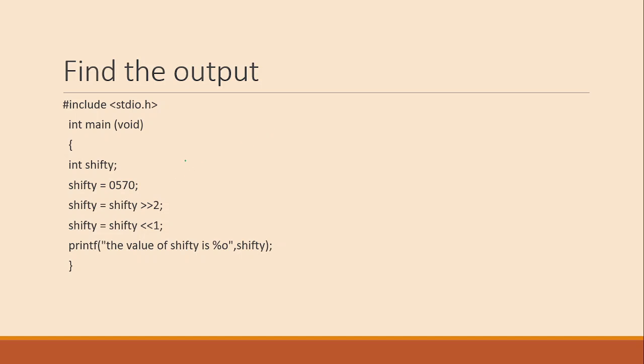Now this is a very crucial operation, 570. It is an octal representation. So for octal representation, first we have to convert that into an integer. So 570, 0 into 8 to the power of 0 is 0. 7 into 8 to the power of 1 is 56. 5 into 8 to the power of 2, 8 squared is 64. 5 into 64 is 320.